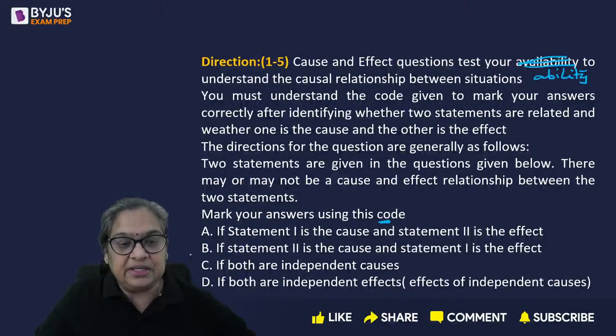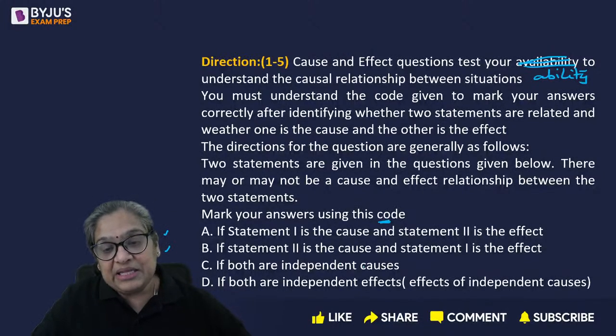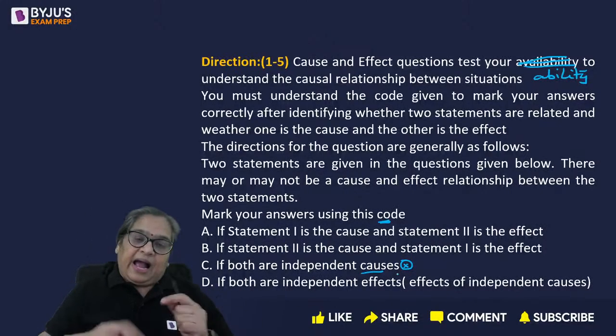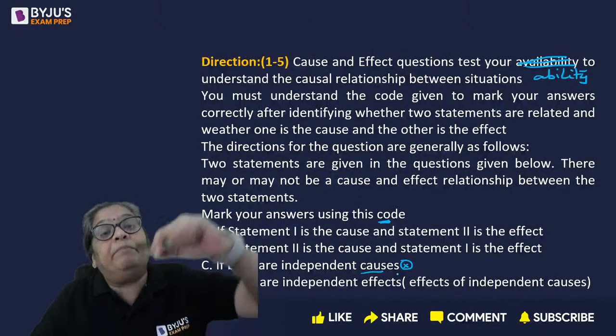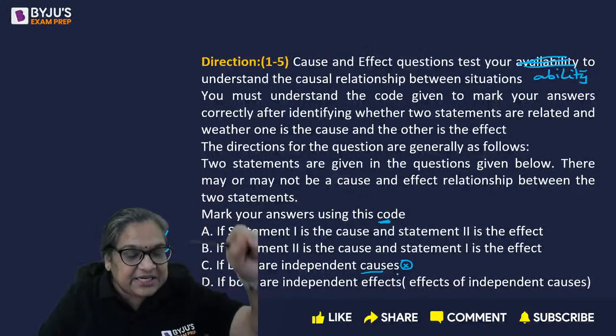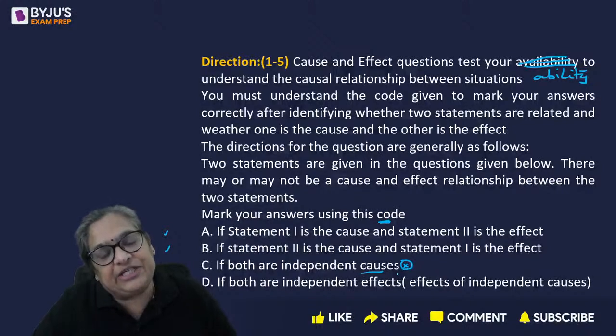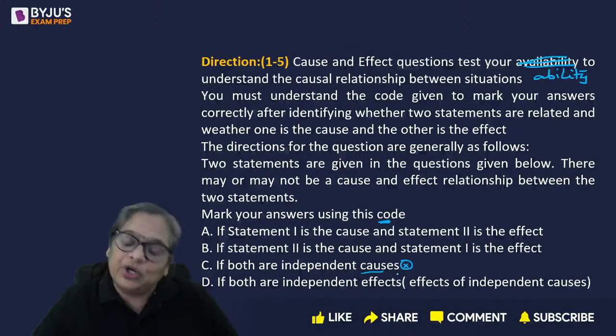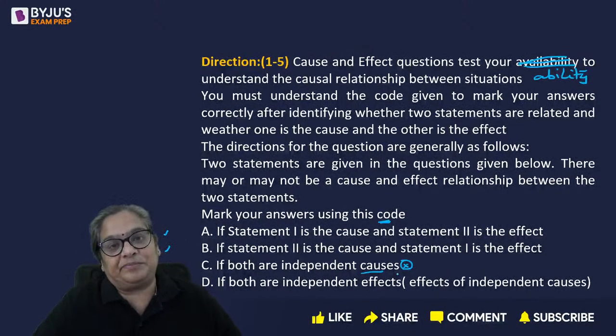Now here, this is possible, this is possible, this is possible. This is not possible. I have a cold. My cold may have caused cancellation of class, but unless it is accompanied by a cancellation of class statement, you cannot call it a cause.